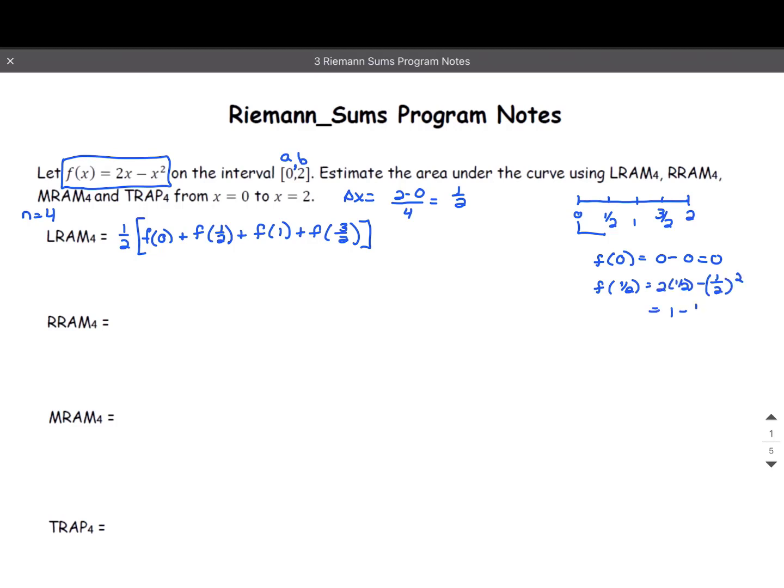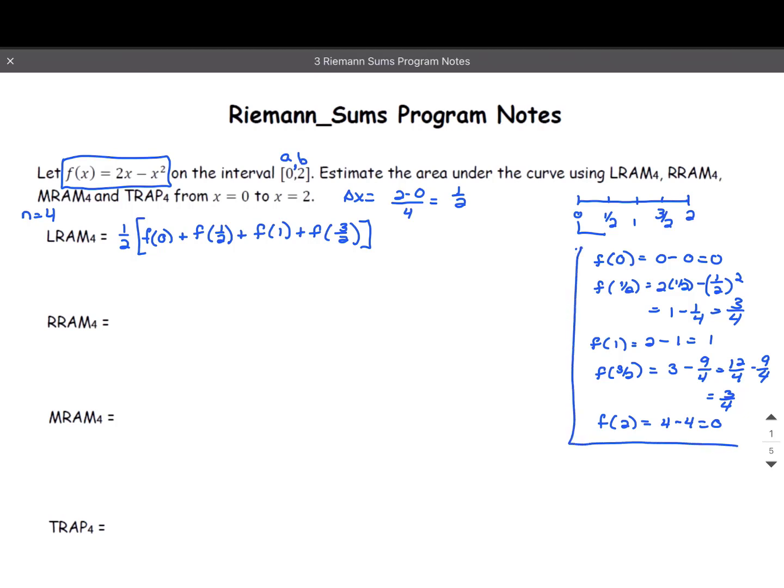So we're going to have 1 minus 1/4, which is 3/4. f of 1 is going to be 2 times 1, which is 2, minus 1 squared is 1, which gives us 1. f of 3/2 is going to be 2 times 3/2, which is 3, minus 3/2 squared, which is 9/4. So that's really 12/4 minus 9/4, and that's going to give us 3/4. And then f of 2 is 2 times 2 is 4, minus 2 squared is 4, is 0. So this will be like our little toolbox over here on the corner.